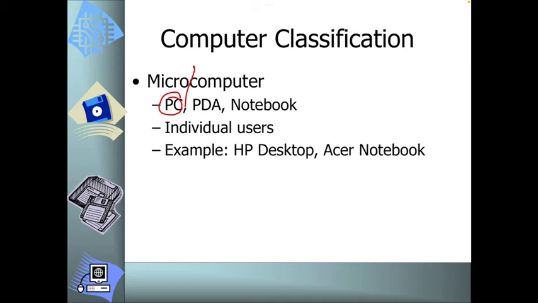Microcomputers means what we have as the PC and the notebook. If the minicomputer is a server for small to medium-size use, the microcomputer is for individual users. For example, all of you maybe have a notebook. We have an HP desktop, an Acer notebook, and so on. You can name it.